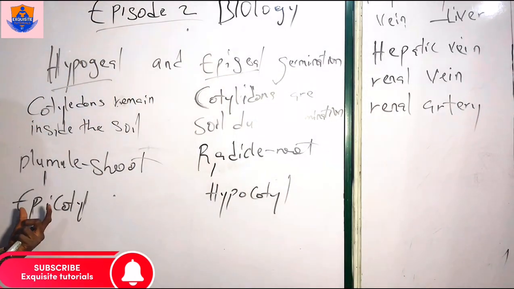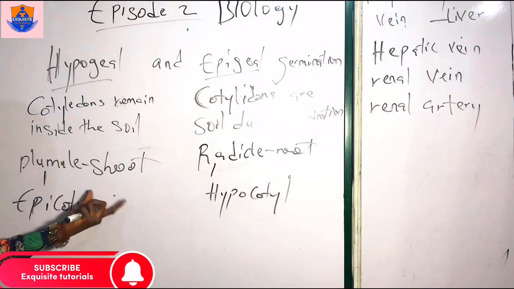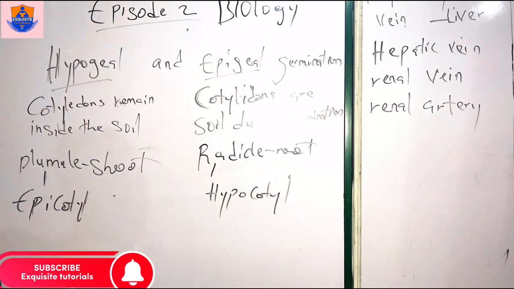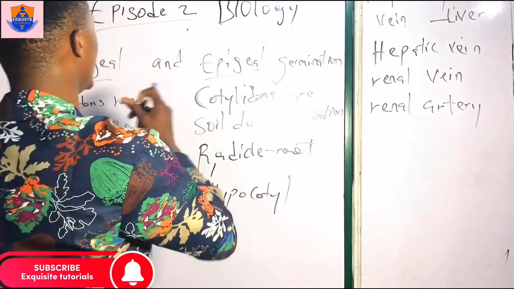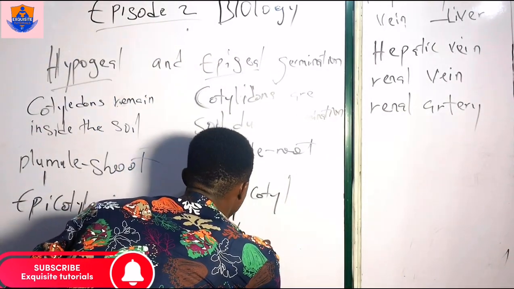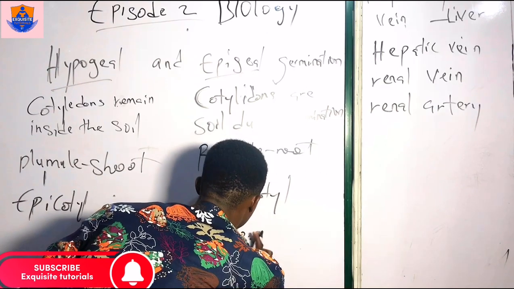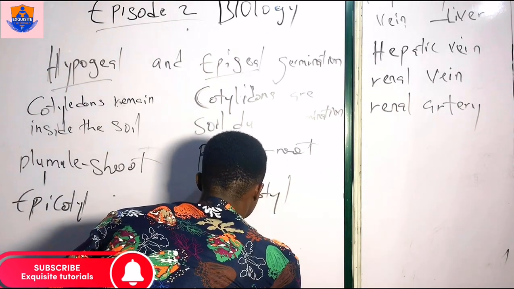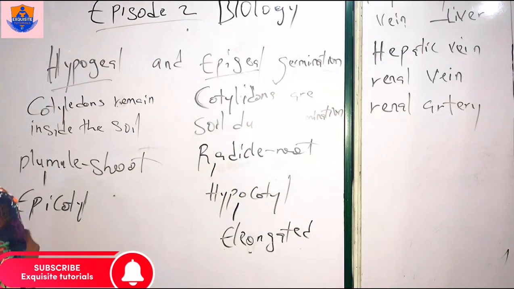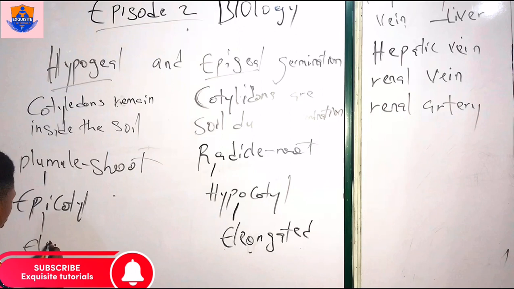Epicotyl is an attachment of the plumule, which is the shoot. Hypocotyl, root. Epicotyl, shoot. Now, during epigeal germination, the hypocotyl is elongated, while the epicotyl in hypogeal germination is elongated.